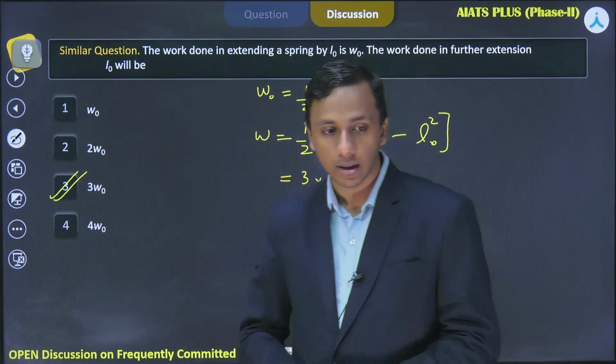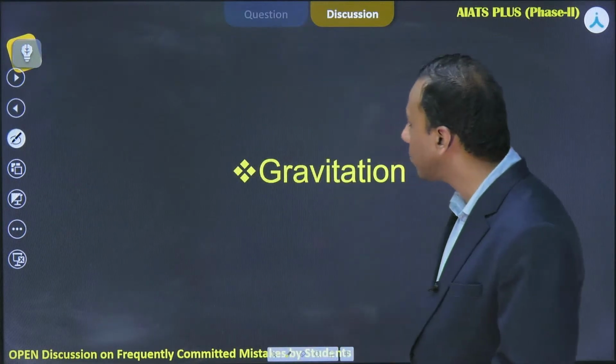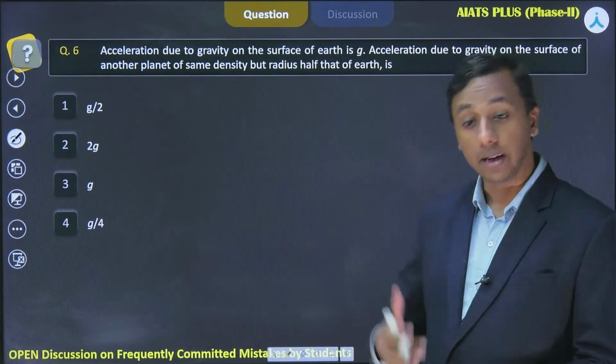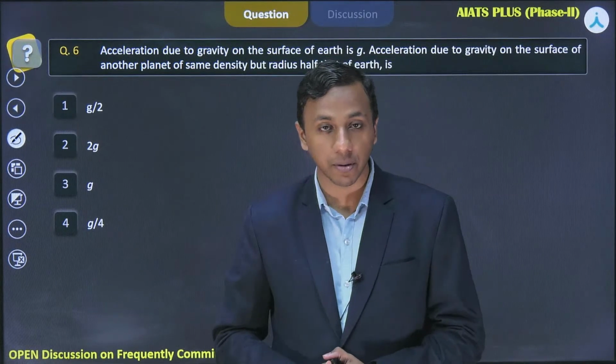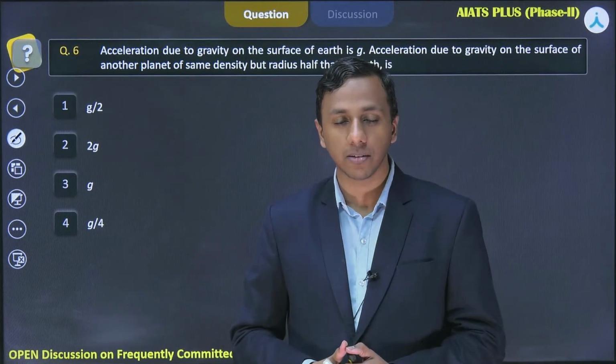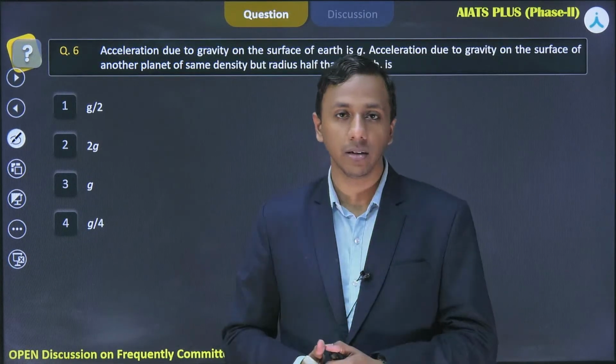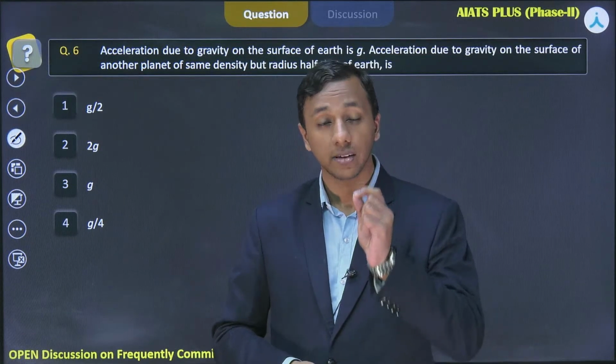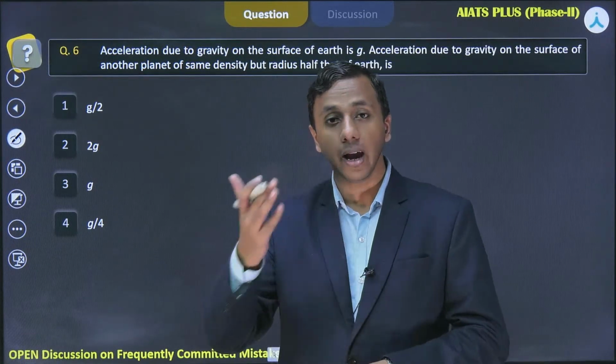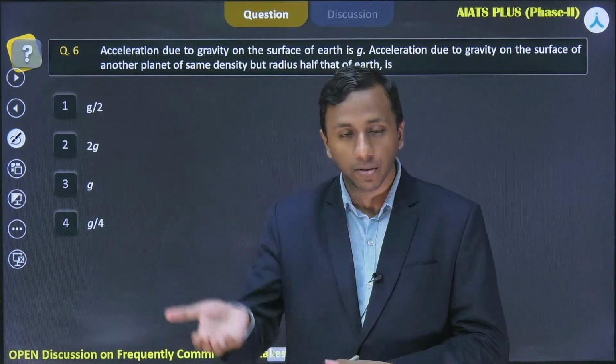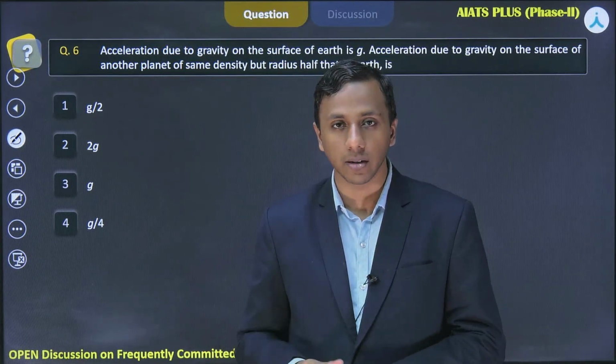All right. So let's move to the next topic, gravitation, right? And if you remember last time we had done some derivation as well, isn't it? For gravitation, variation of acceleration due to gravity and its dependence on the radius of the planet and density of the planet. This we have done.